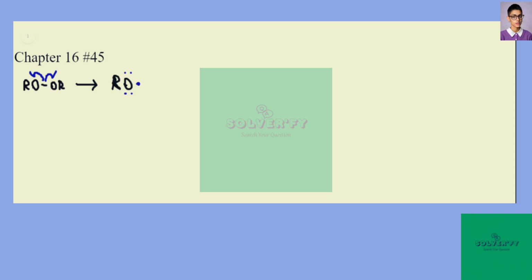Okay, so we now have this OR oxygen radical species, and that is going to be what interacts with our first equivalent of HBr.